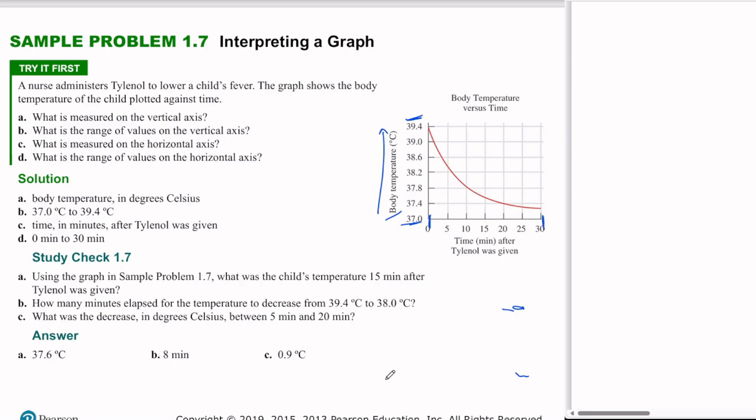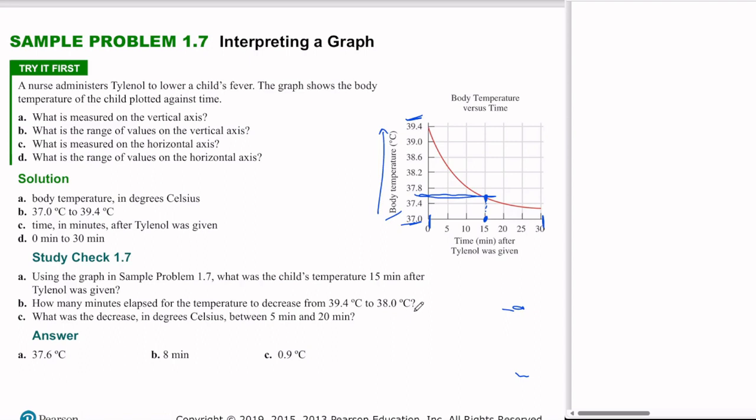Using the graph, what was the child's temperature after 15 minutes? At 15 minutes, this is our time. We can look up to the graph and we see that where time touches the graph, we can extrapolate over to the left to temperature. And it's at approximately 37.6.